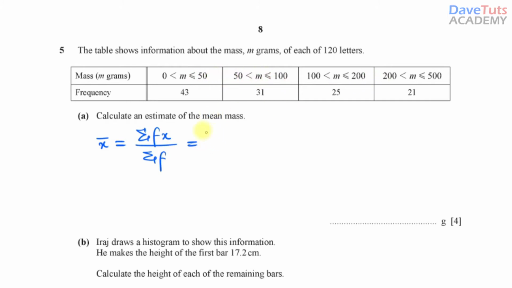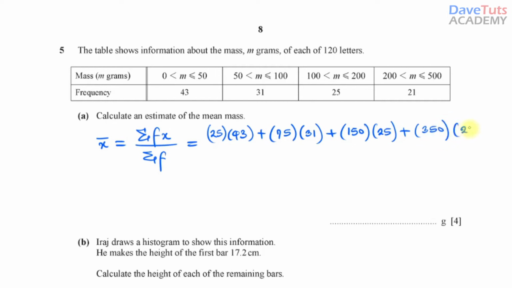So for the first one, the product of the frequency and the data entry will give us 25 multiplied by 43. In the second case, we are going to have 75 multiplied by 31. In the third case, 150 multiplied by 25. And finally, in the last case, 350 multiplied by 21. Okay, so all of this we are dividing by the sum of the frequencies.